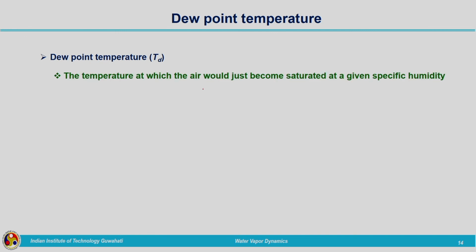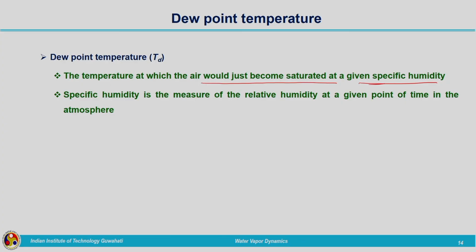That is the temperature at which the air would just become saturated at a given specific humidity. Look at the statement carefully, it is the temperature at which the air would become saturated at a given specific humidity. Conditions are there. It is not defined as a particular temperature corresponding to a particular humidity.